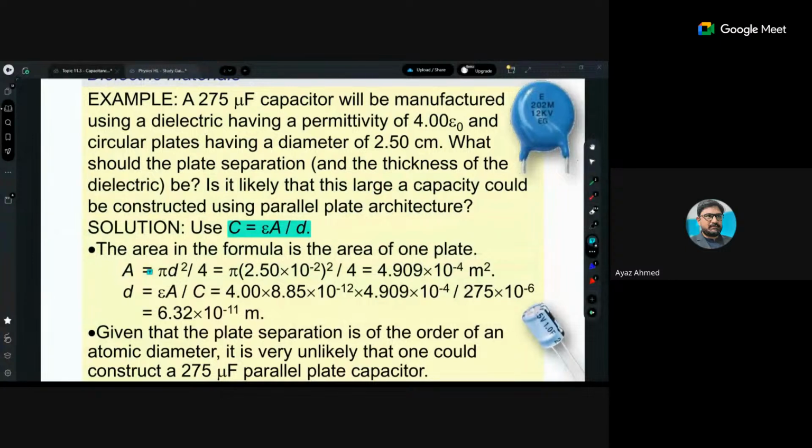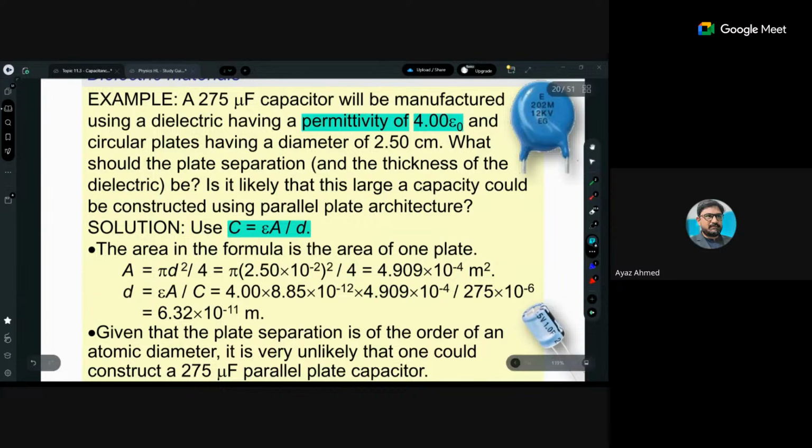Yeah, there is one very important thing. Here is the concept of relative permittivity, right? The relative permittivity of this material is 4 times the permittivity of free space. It means that if we place material inside, then what will happen?